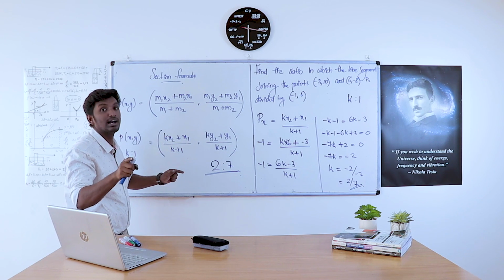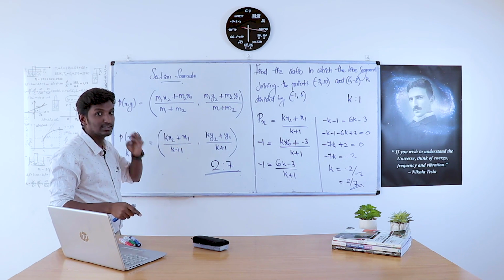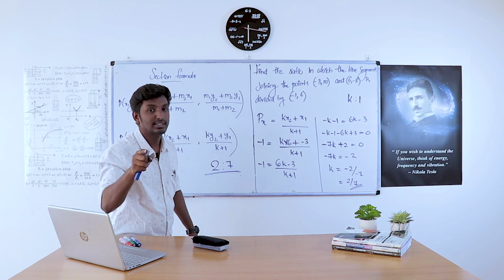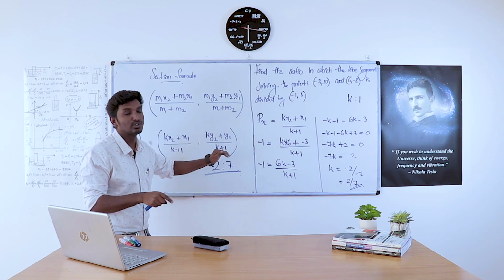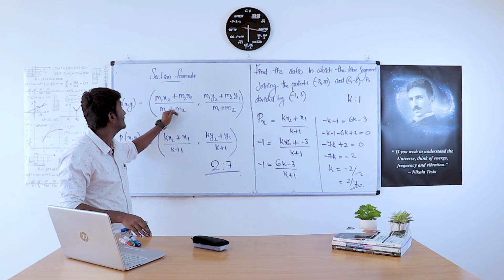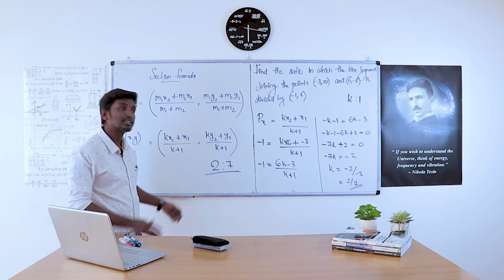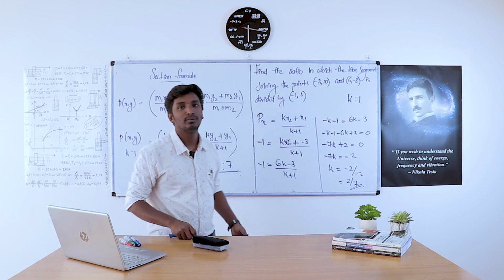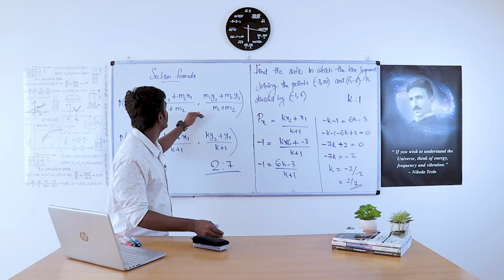So whenever you have a question like this, keep in mind that if you solve it using that method first, you will get either m1 or m2 as 0. This is the only reason why I am doing it first.